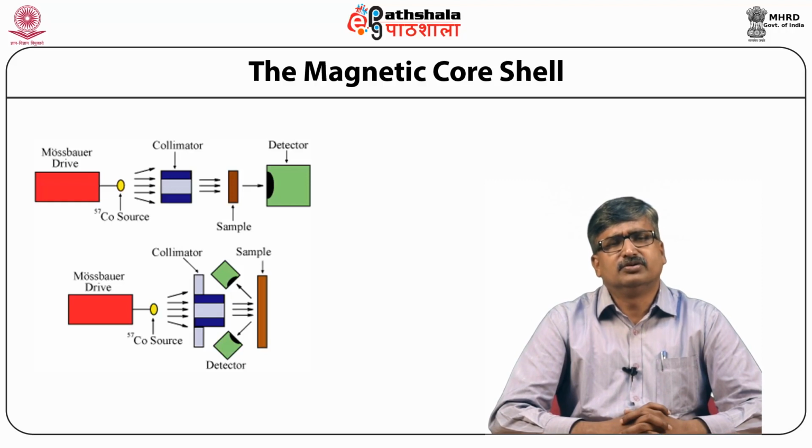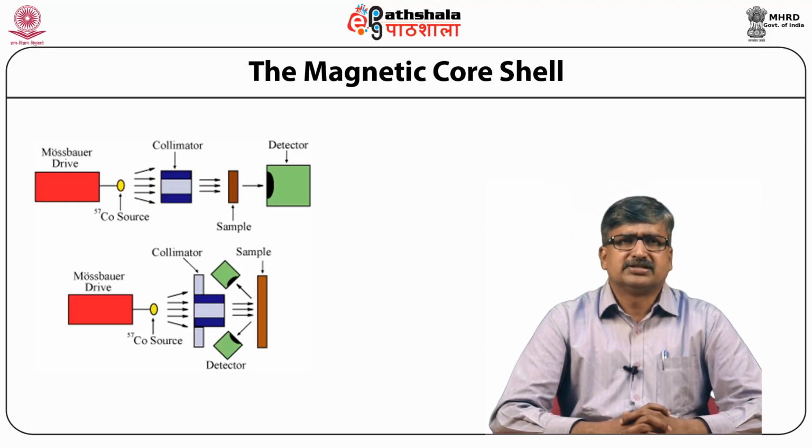We also know that if the size of the magnetic particle is reduced to nanometer dimension, this will give rise to an enhanced net magnetic moment for the nanoparticle, such as in the case of nickel oxide, NiO.